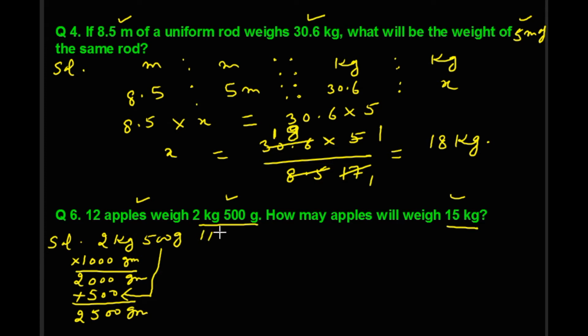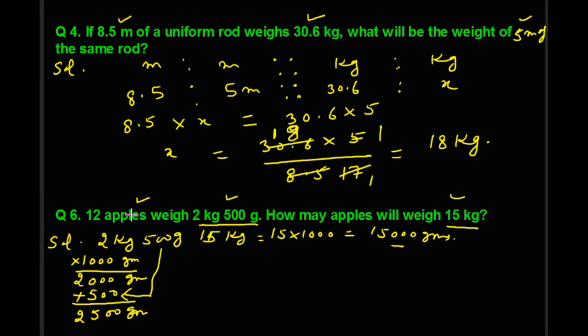Here 15 kg will equal 15 into 1000, 15,000 gram, right?